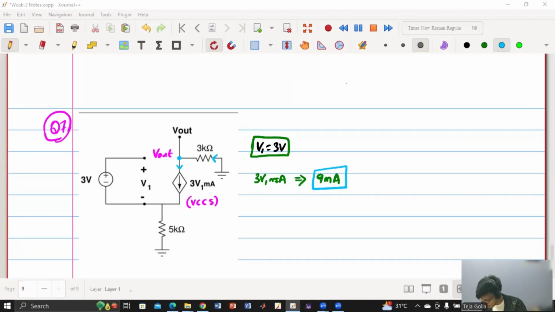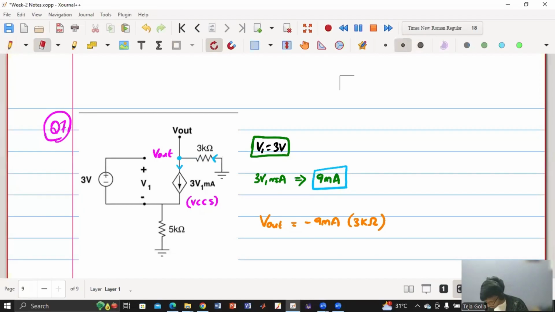So basically, V naught is what? V or V output. V output is minus 9 milliamperes into 3 kilo ohm. Agree? Basically, if we apply, V naught is equal to 0 minus this, because this is 0 volt, right? I am applying KVL.